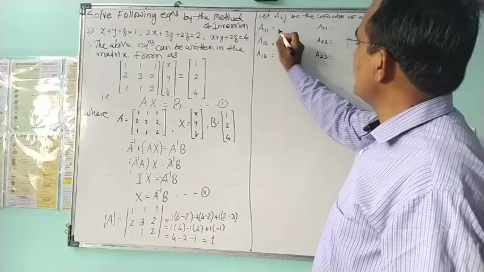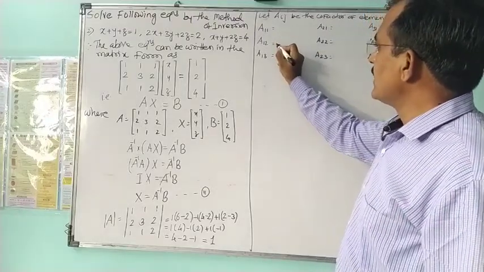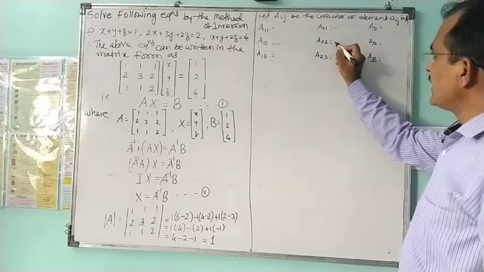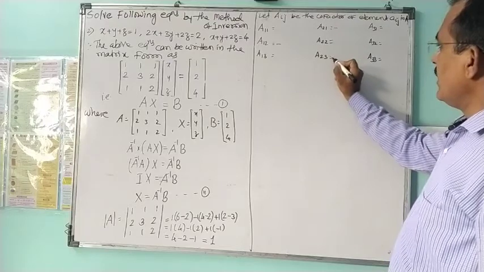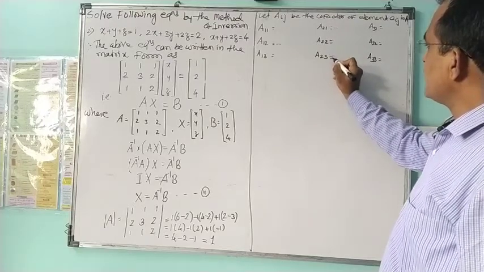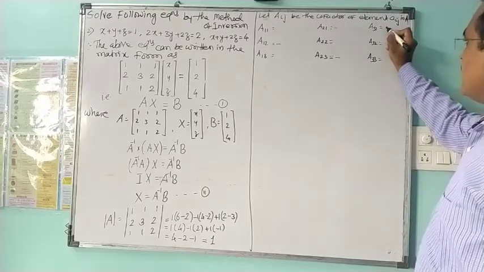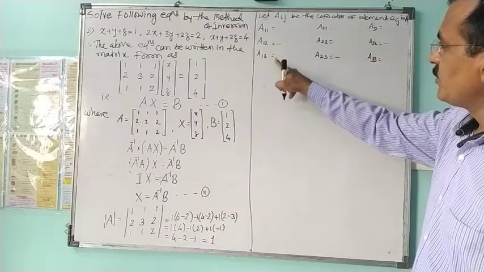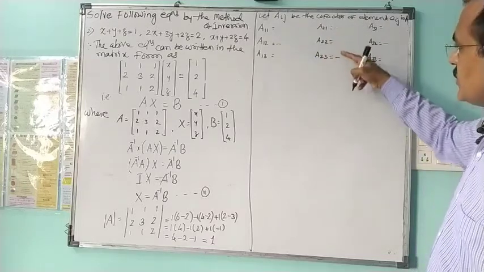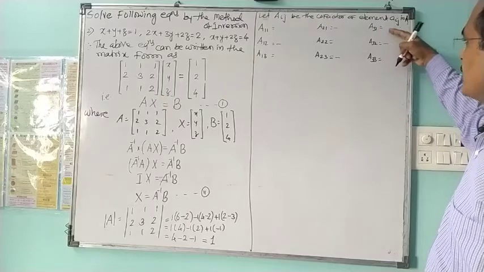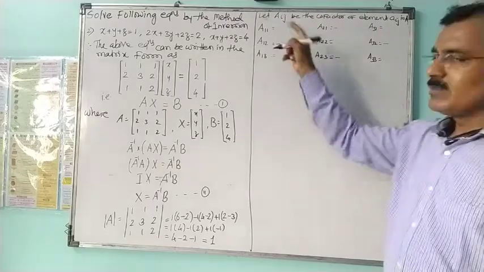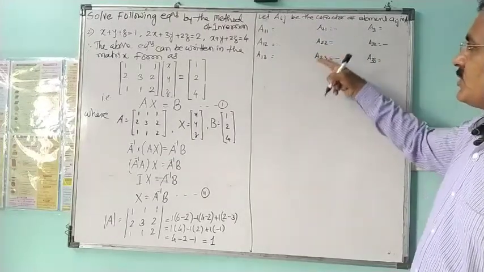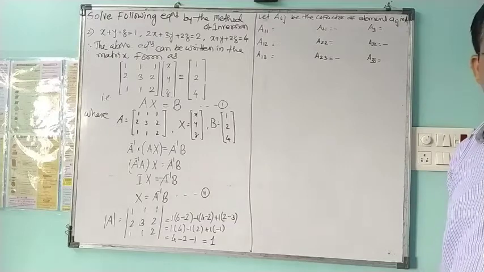The sign convention is: first one is positive, second is negative, third is positive, fourth is negative, next is positive, then negative, positive, negative, positive. So starting from plus, ending with plus, alternating up to these 9 elements.